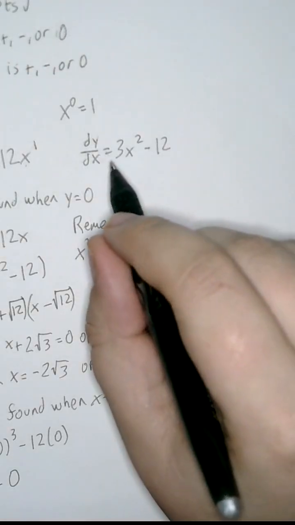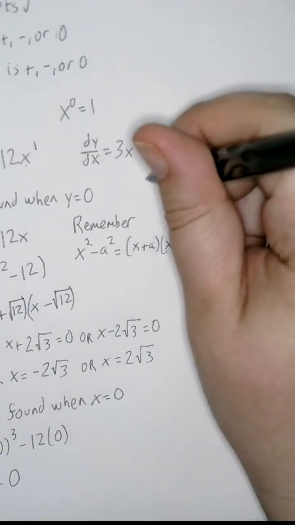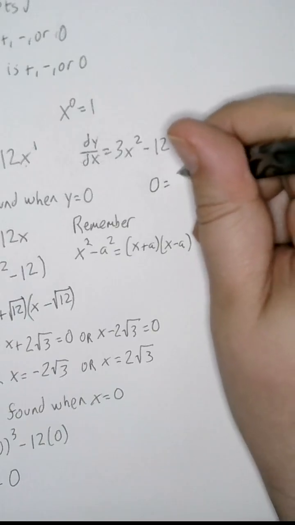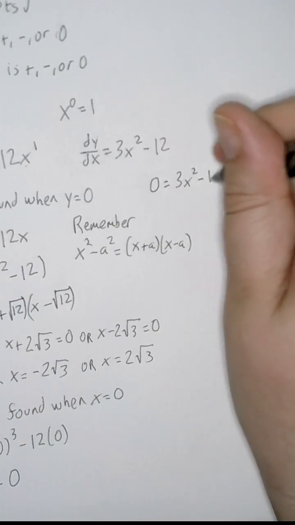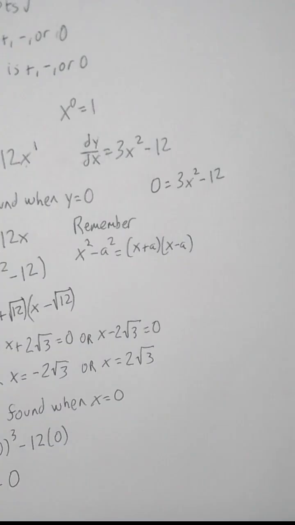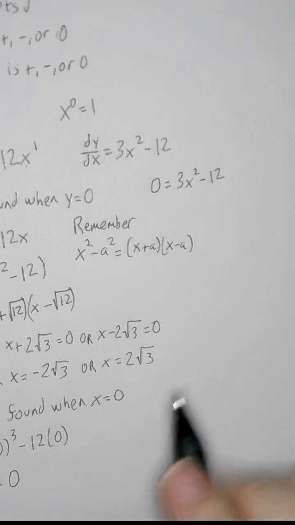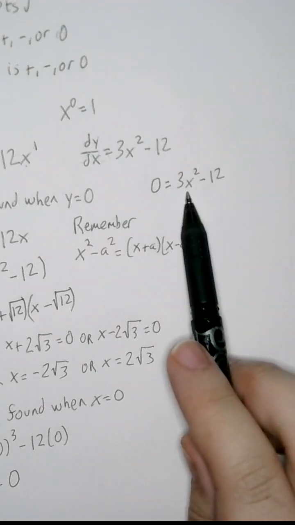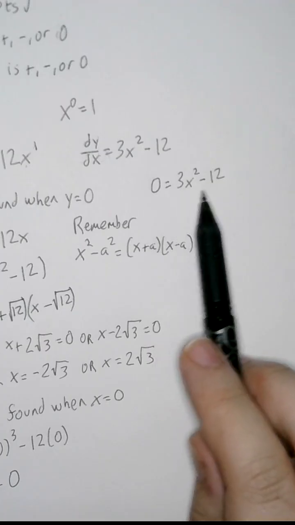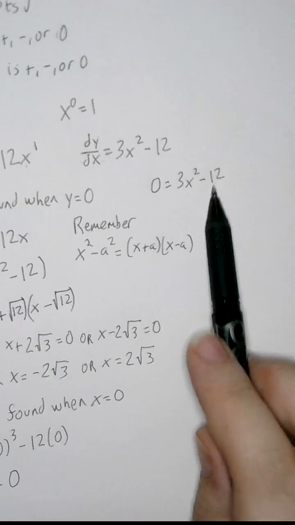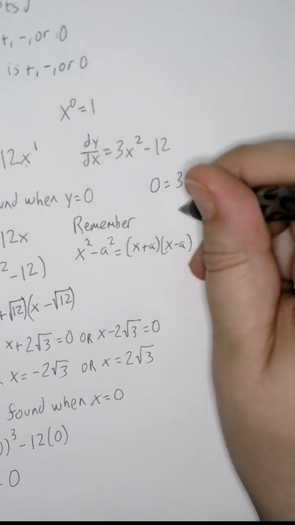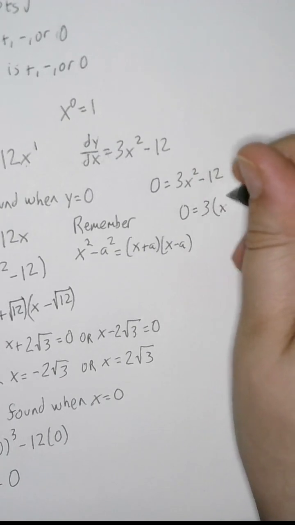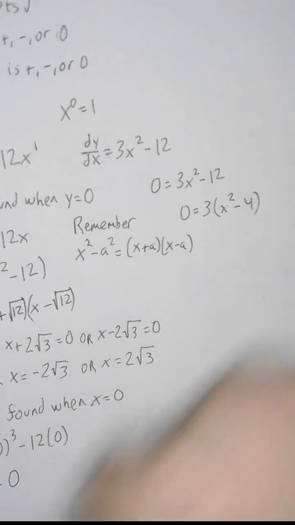So here, I'm going to set this derivative equal to 0. So 0 is equal to 3x squared minus 12. I can factor out a 3 in this, right? Because 3 goes into 3, and 3 goes into 12. So I have 0 equals 3 times x squared minus 4.